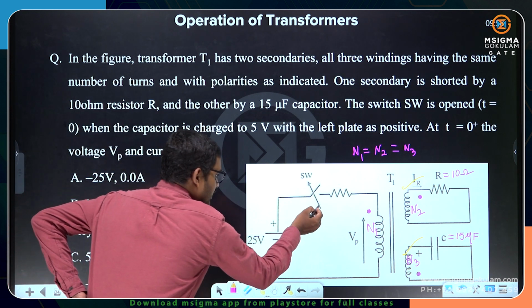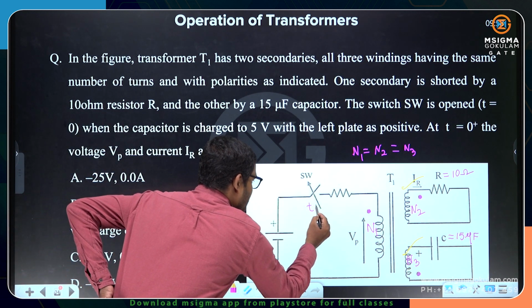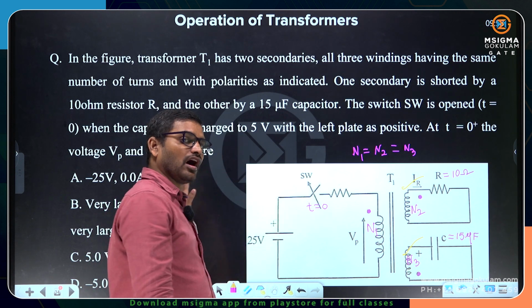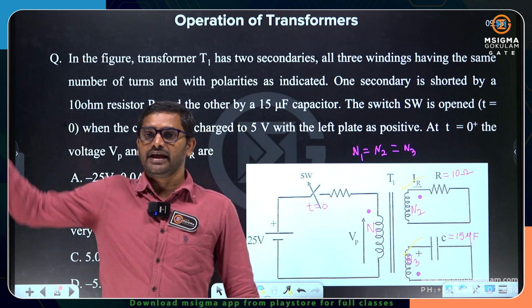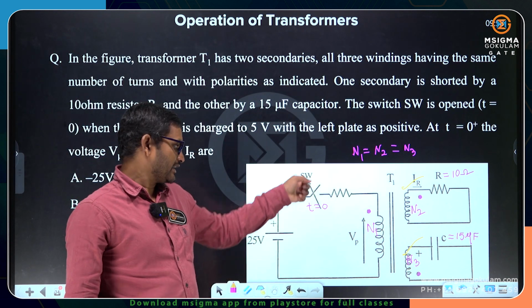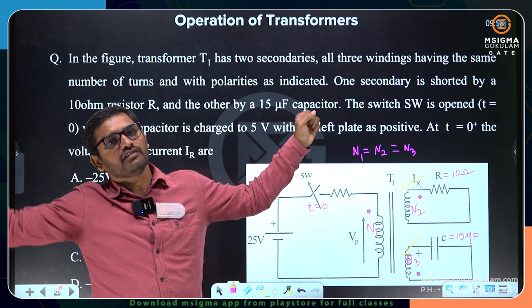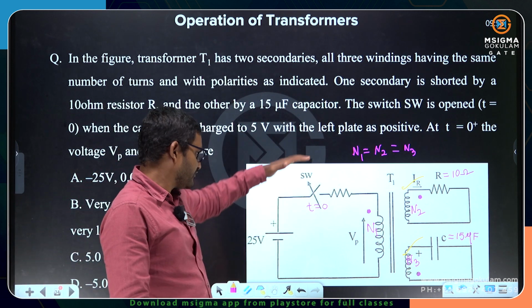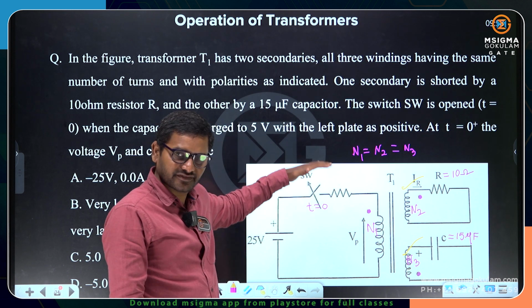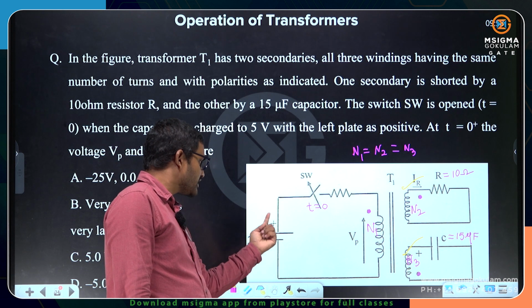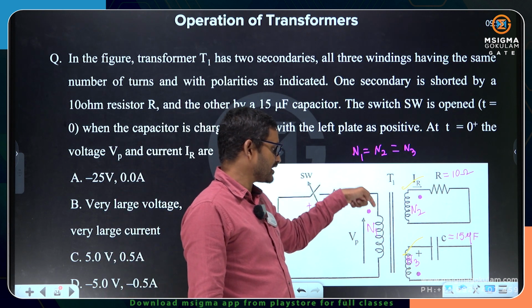Here is the switch. So we are opening the switch at t equals 0. That means we have closed the switch for a long time, from minus infinity to 0. If it is closed from minus infinity to 0, then this DC voltage source can drive a constant current into the winding.